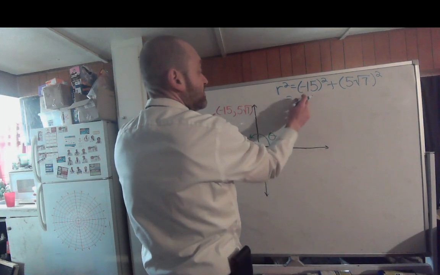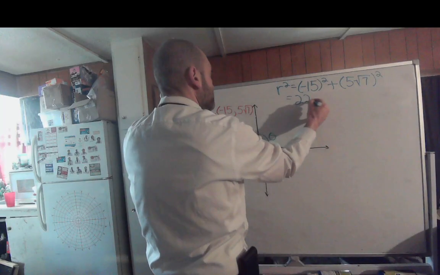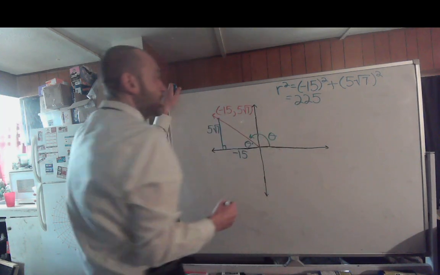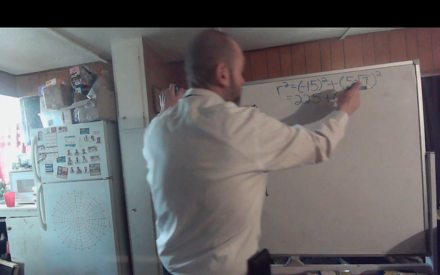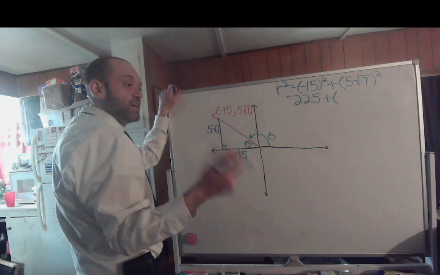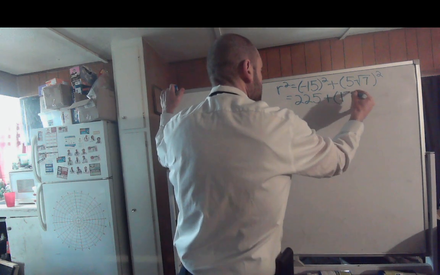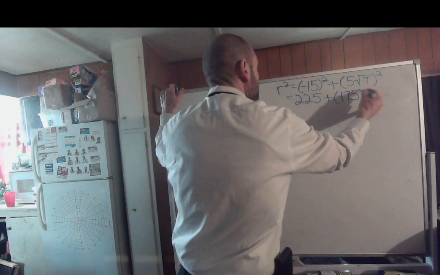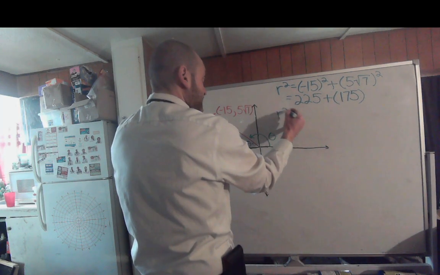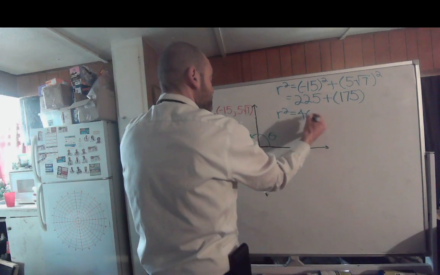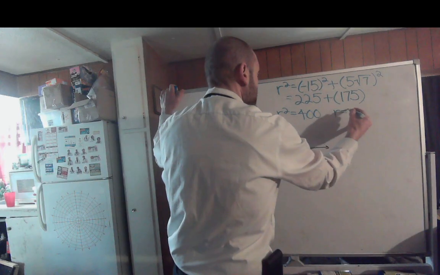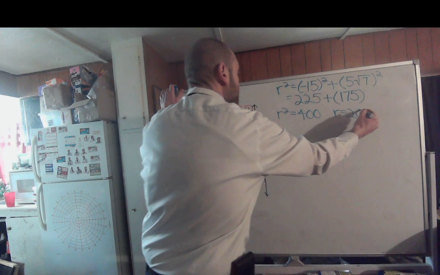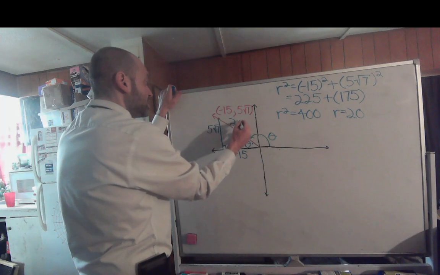Well, negative 15 to the second power, that's positive 225 plus, okay, so what is 5 to the second power? That's 25 times 7, that's 175. Which means my radius squared actually equals 400, which means my radius is a perfect 20. So I end up getting 20 for my radius.